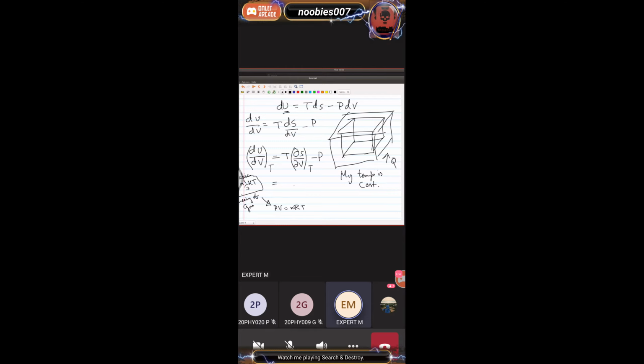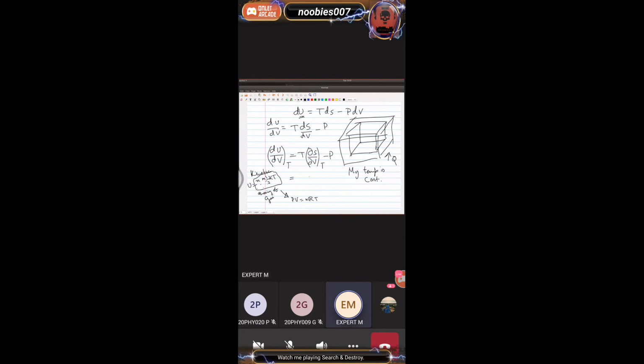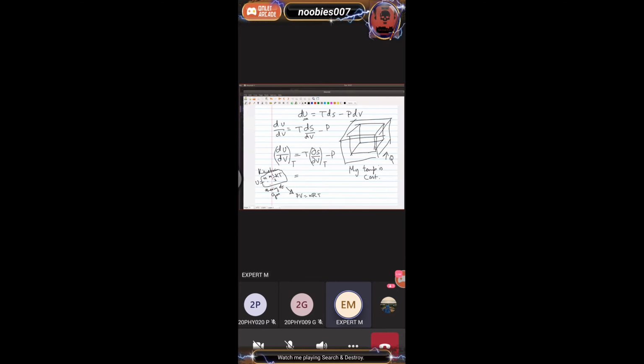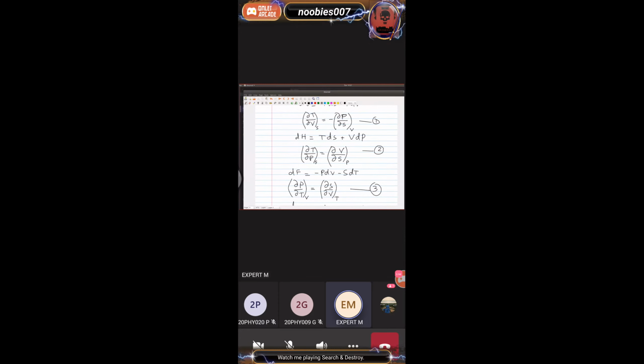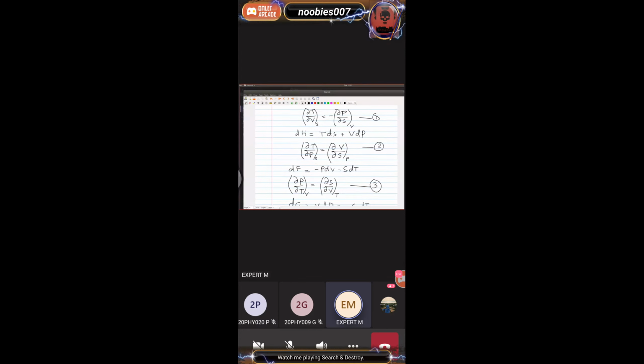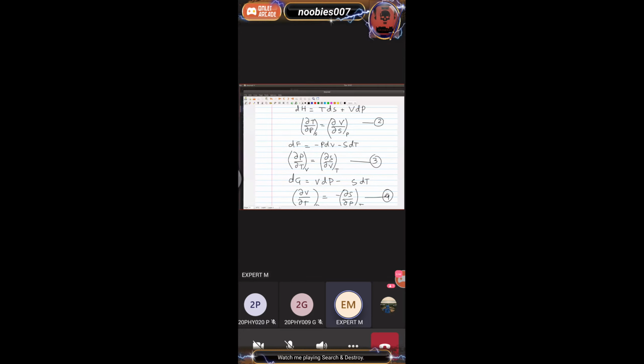So if I put this thing here, just check dS/dV at constant T. From the Maxwell equation we have already calculated this: dS/dV at constant T is dP/dT at constant V, right?